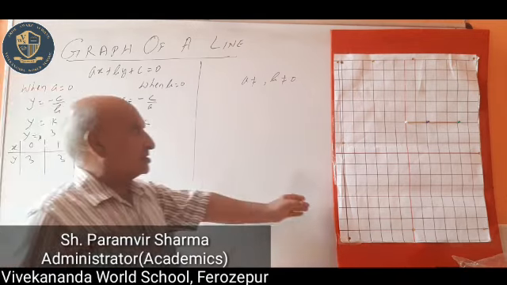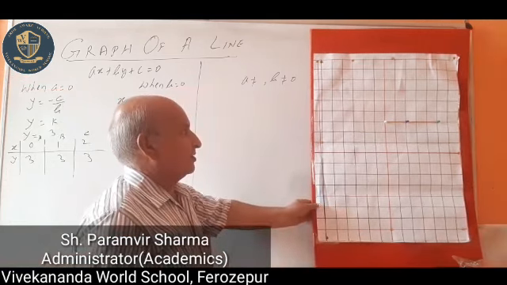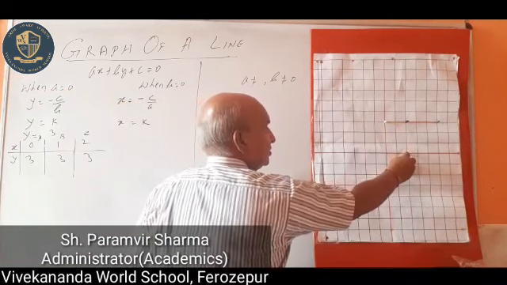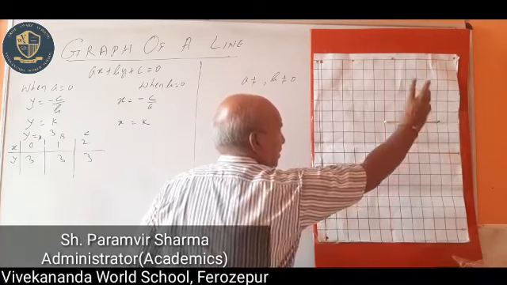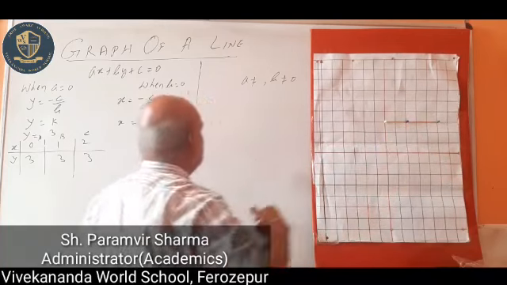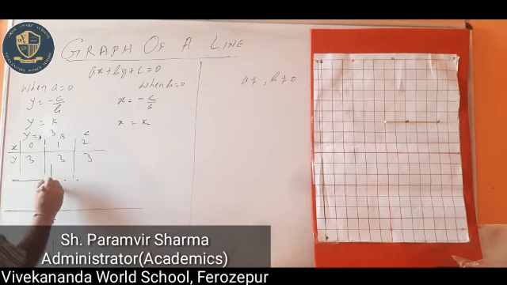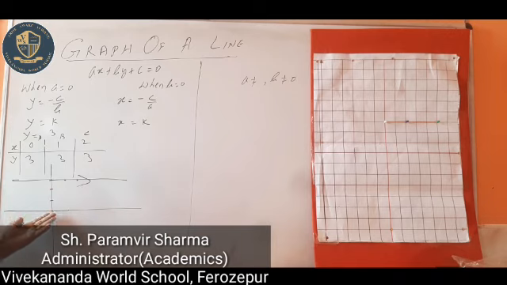When we are plotting this on graph paper, the points are (0, 3), (1, 3), (2, 3), and when we join them, this line is parallel to the x-axis and is known as a horizontal line.